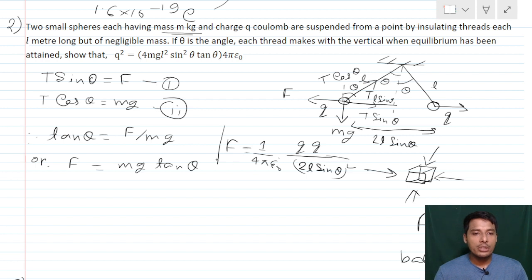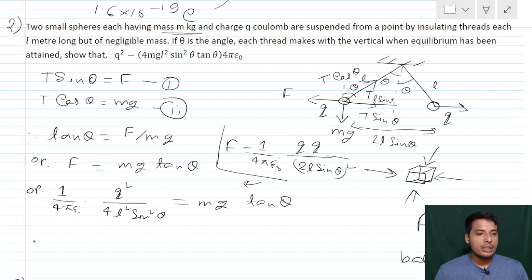So we have to put the value of F here. Then we have 1 by 4 pi epsilon naught into q square by 4L square sin square theta equal to mg tan theta.